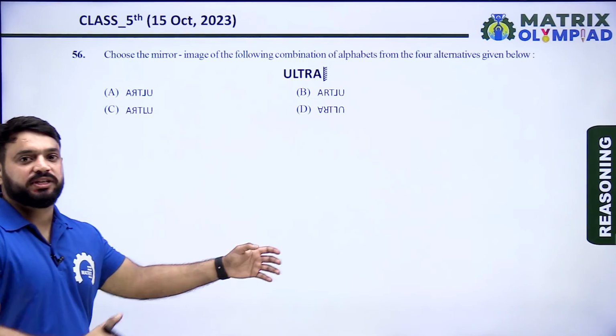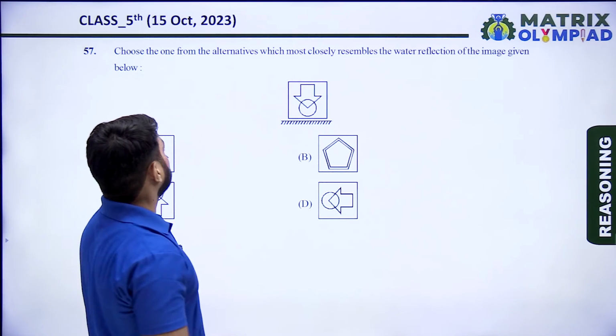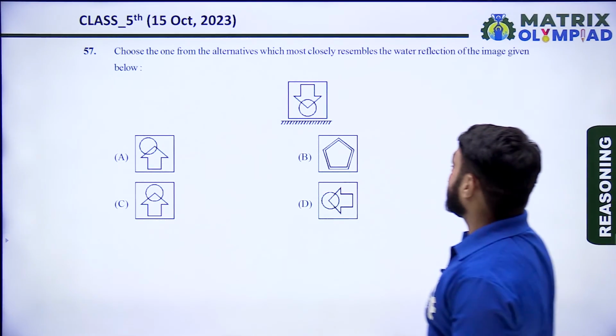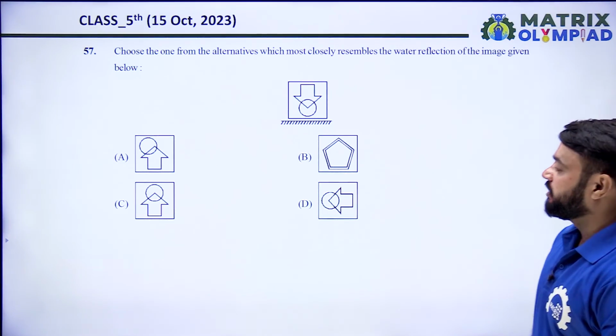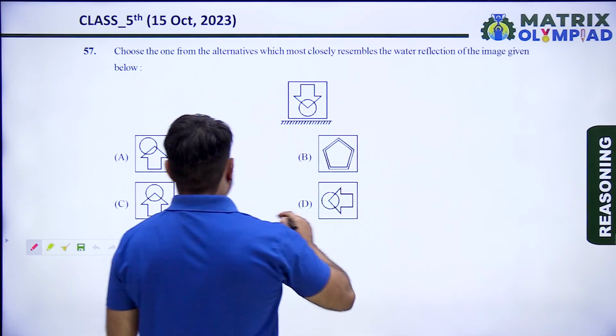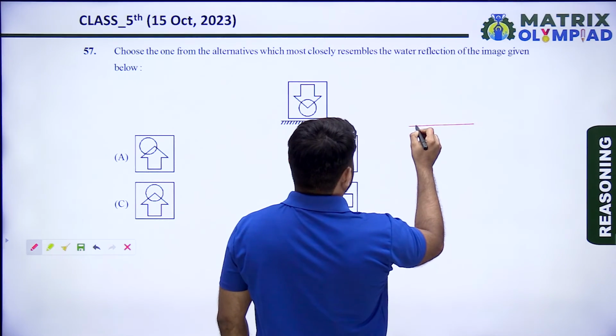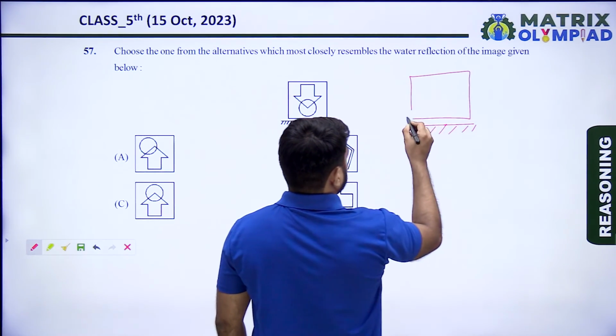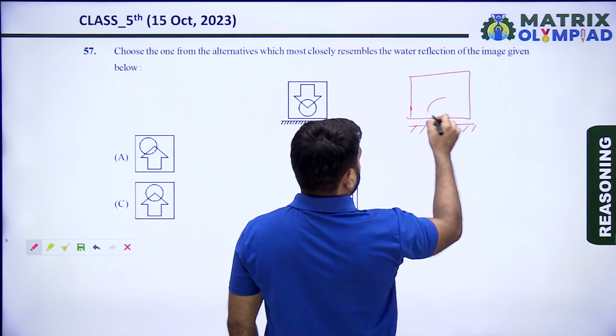So let's move on to the next question. Choose the one from the alternatives which most closely resembles the water reflection of the image given below. Find the water image of the given image.